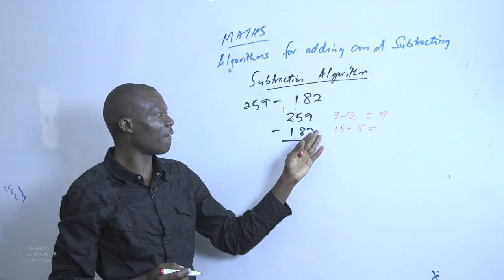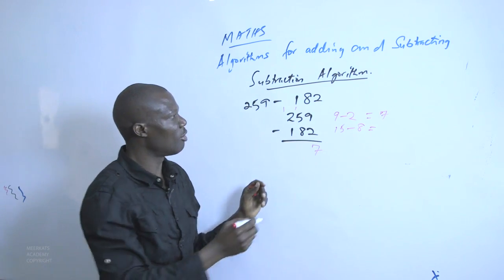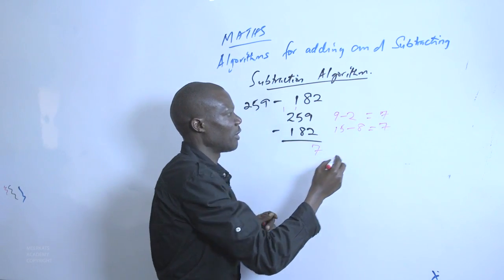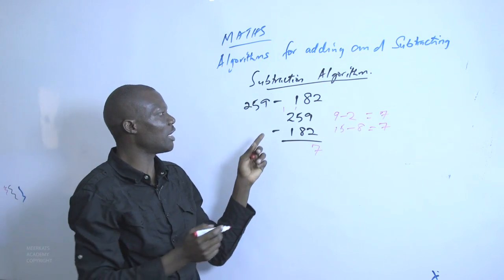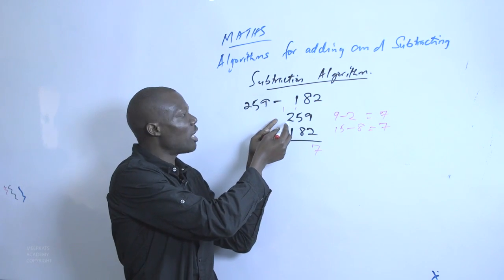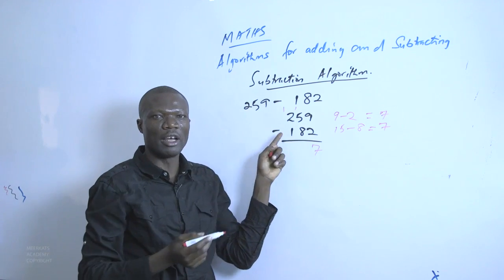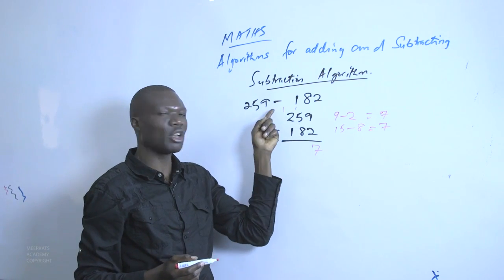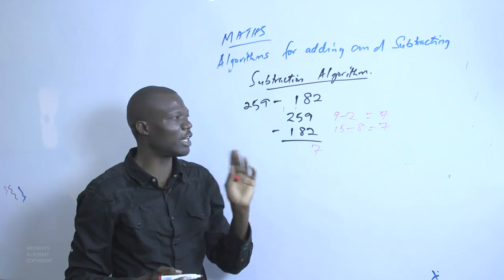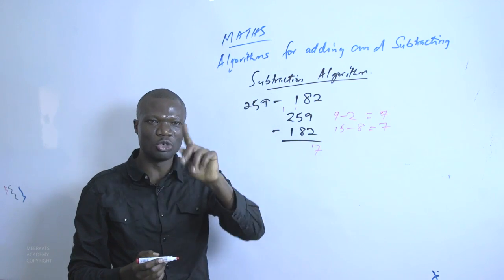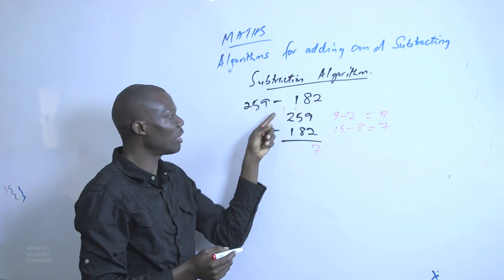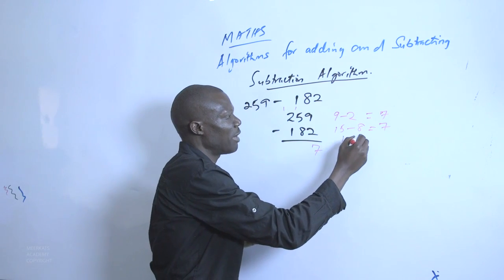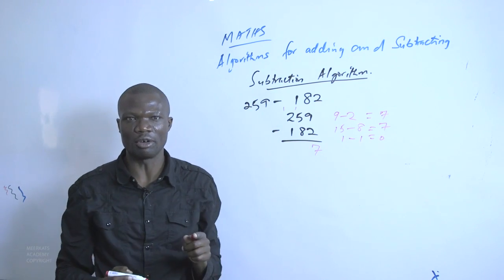When you subtract 15 minus 8, what you get is 7. Then the next column, we have 2 minus 1, but we borrowed 1 and we remained with 1. So you realize that now we are not going to subtract 2 minus 1, but 1 minus 1. So 1 minus 1 is a 0.